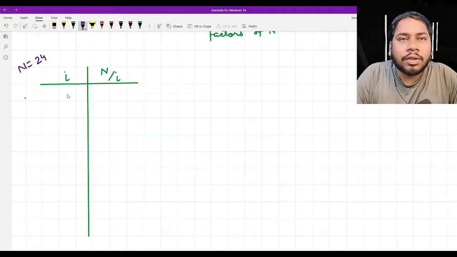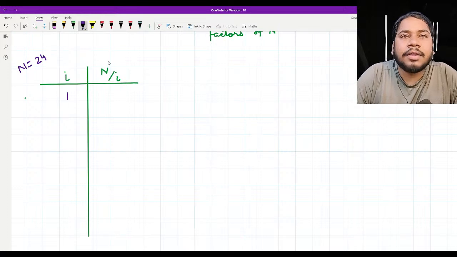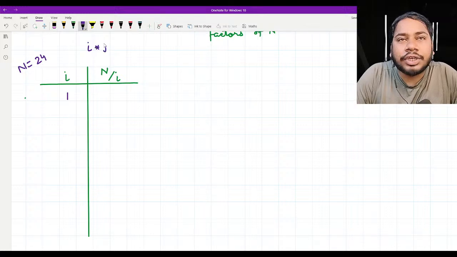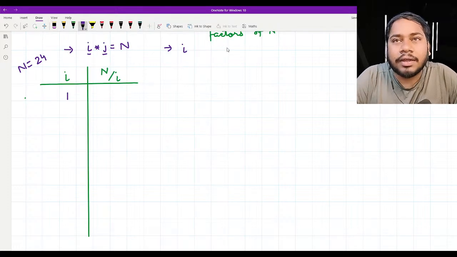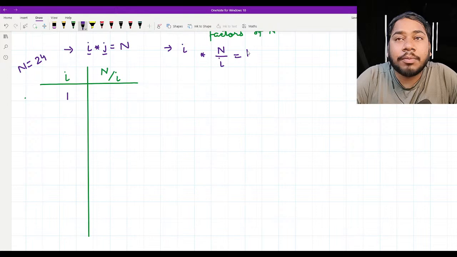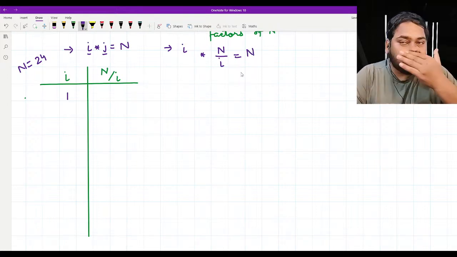So if 1 is a factor, and as we know that if I into J is equal to N, then both are factors. One more thing we can conclude: if I is a factor, then N by I will also be a factor, because if we multiply these, we get N.